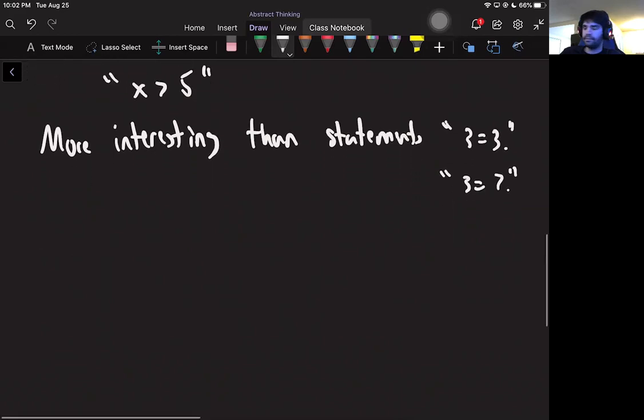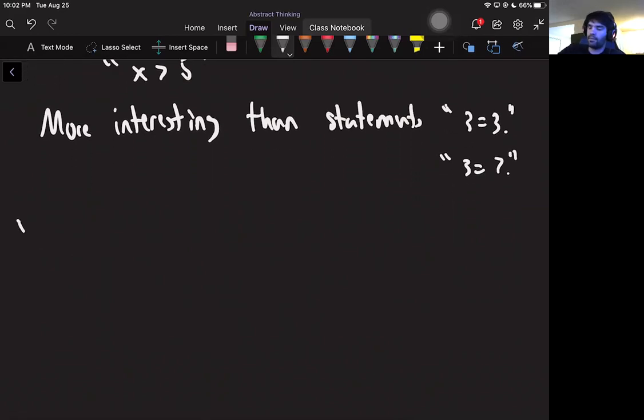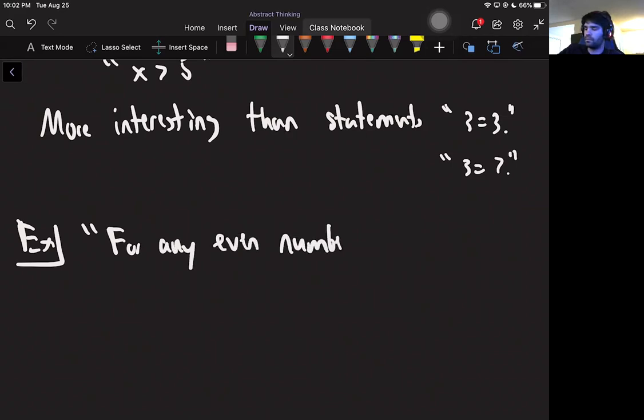Okay, so when you have a predicate, you can create a statement by quantifying it. That means writing something like this: for any even number n, n plus 2 is even.